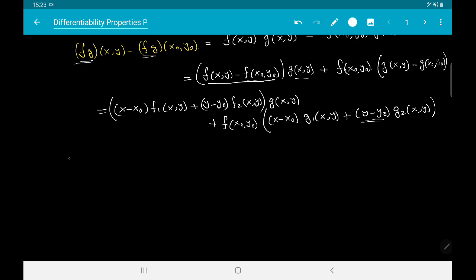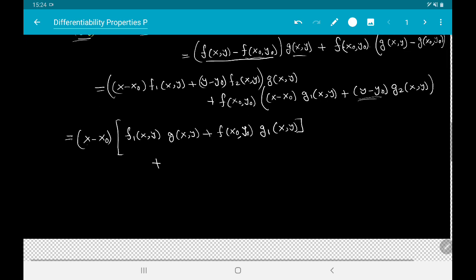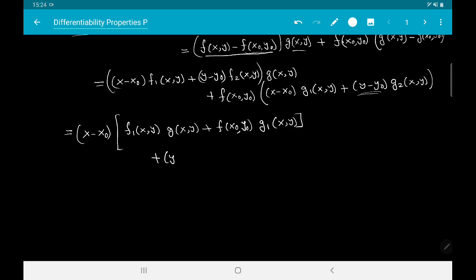So what do we get? This is x minus x0 times f1(x,y) times g(x,y) plus f(x0,y0) times g1(x,y). So this is going to be one of our increment functions. Let me come back to this in just a moment.